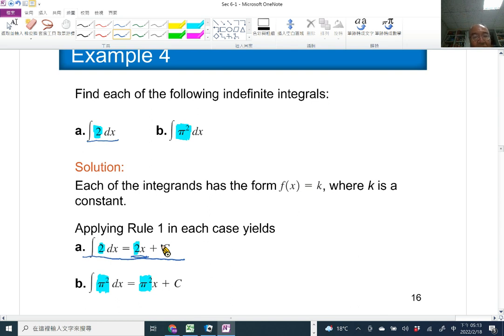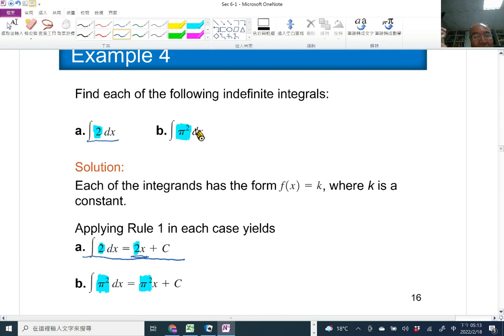Okay, now the second one, the integral of pi squared dx. Pi squared, even though it looks like a power form, however, pi is a constant. So pi squared is simply 3.14 times 3.14, and you don't have to multiply to come out with a decimal expression. We all know this is a constant.